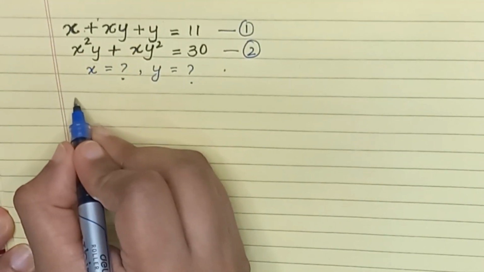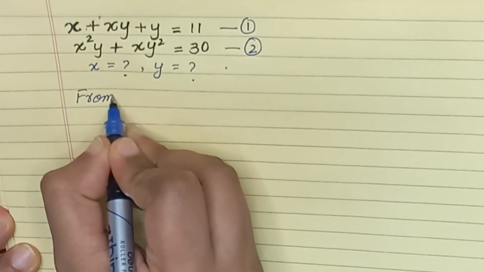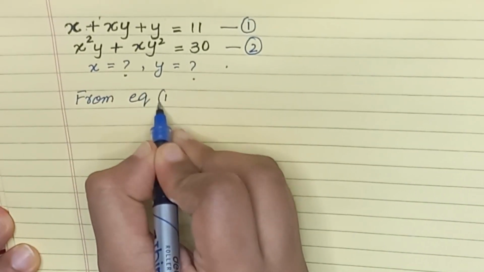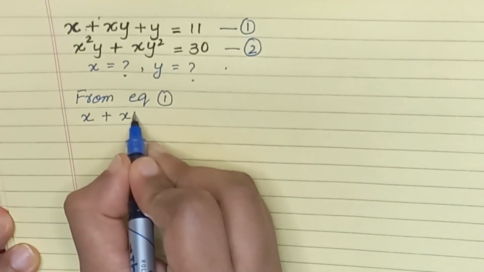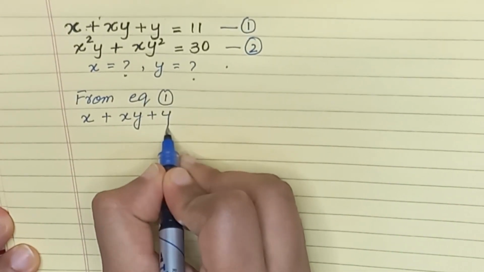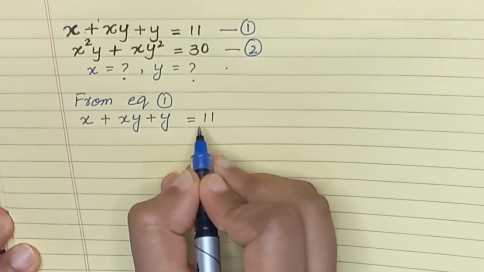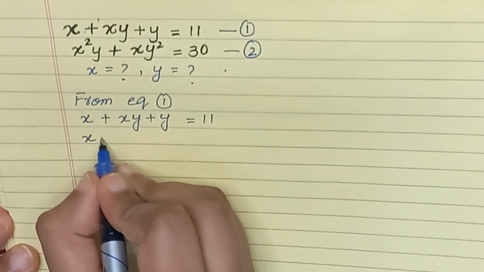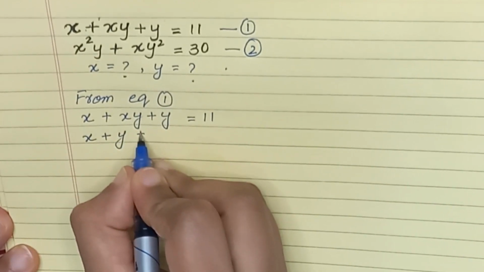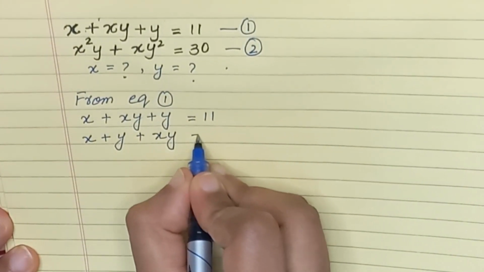Now from equation 1, which is x plus xy plus y equal to 11, we can write this equation as x plus y plus xy is equal to 11.